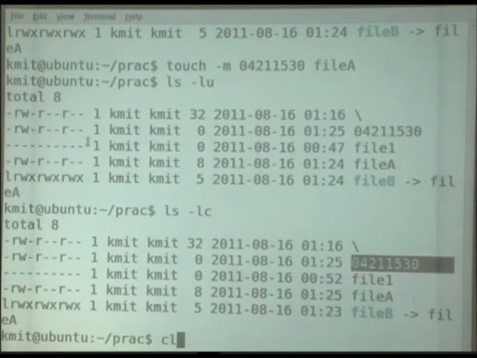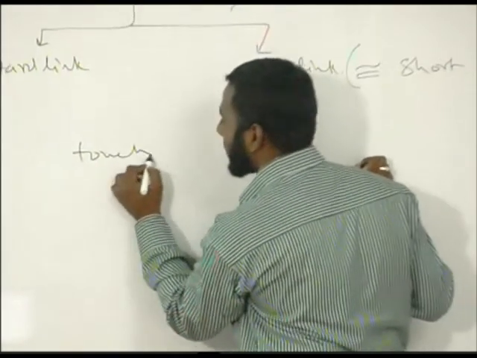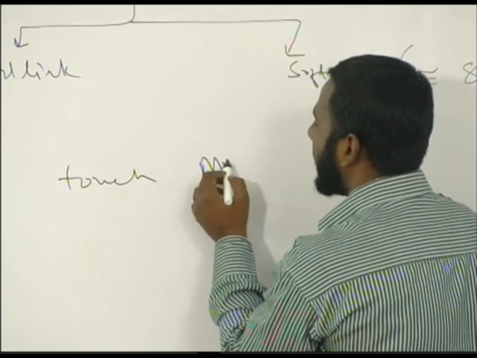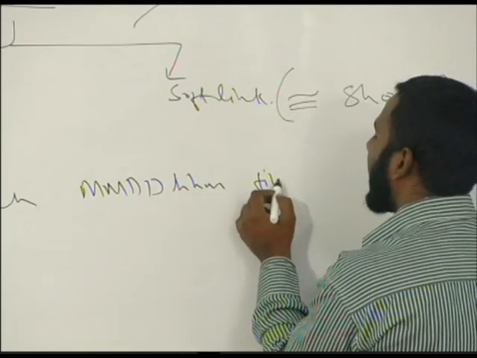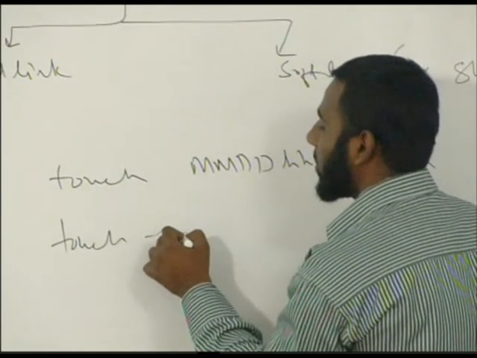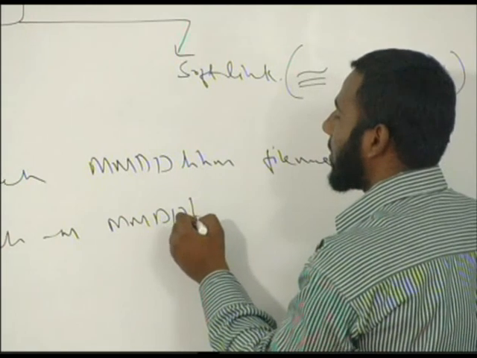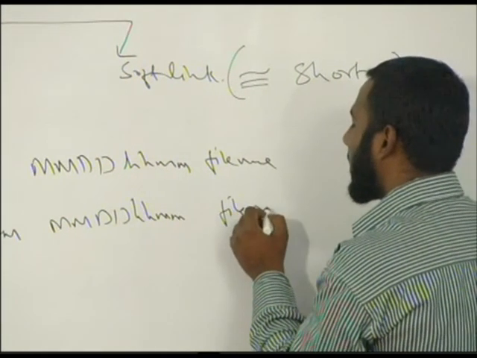Like this, I'll just give a summary of how to use the touch command. There are 3 times available. Touch with just the month name, date, hour, minute, and file name you can give. Or you can also use the touch command with option -m, last modified time, with hour, minute, file name.